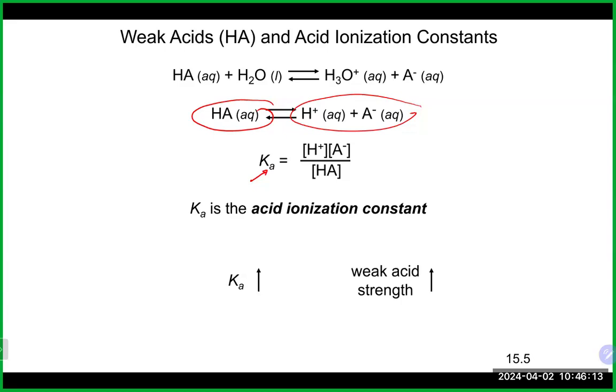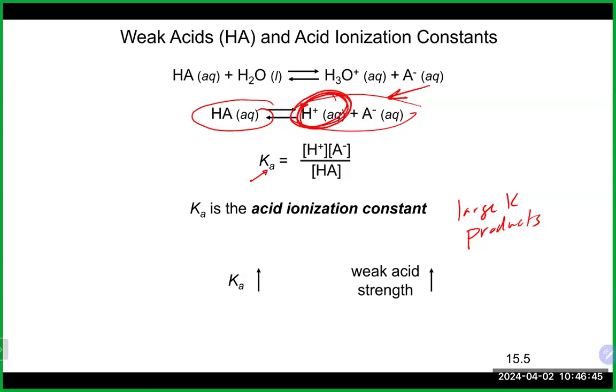And that's because even though it is a Ka value, it is still an equilibrium constant value. And when I have a large value of K, do I have mainly reactants or products at equilibrium? I mainly have products at equilibrium, right? And if I have a large value of Ka, that means I mainly have products. And if I mainly have products, that means I have a lot more free H plus floating around.